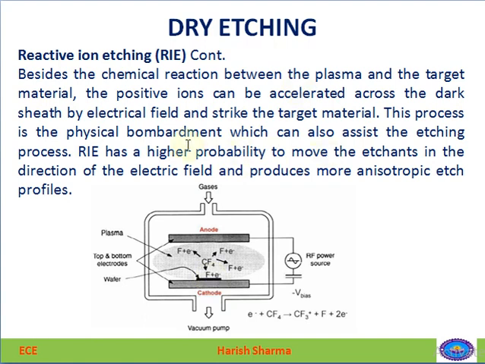This physical bombardment can also assist the etching process. RIE can move the etchant in the direction of the electric field and produce more anisotropic etching. Because of this electric field, the positive ions move downward, so they etch anisotropically.